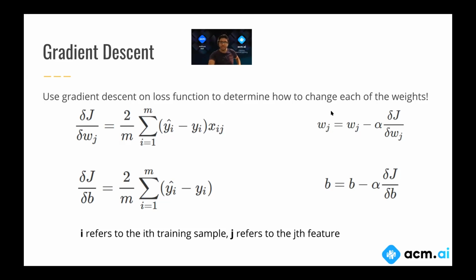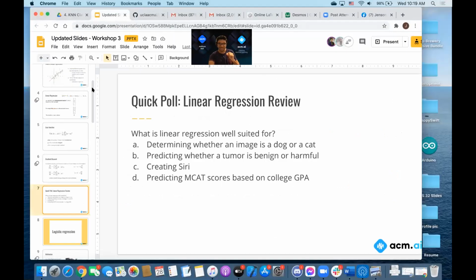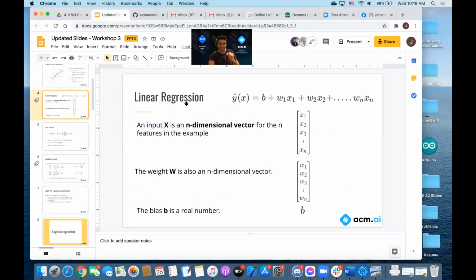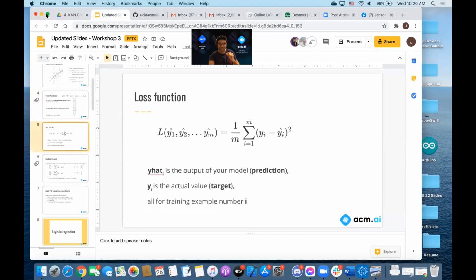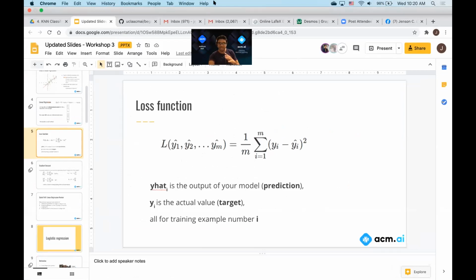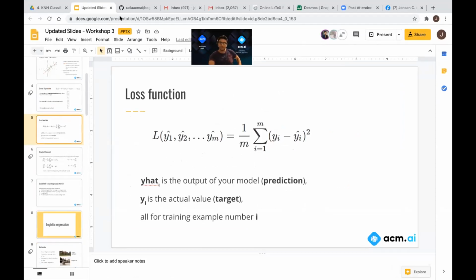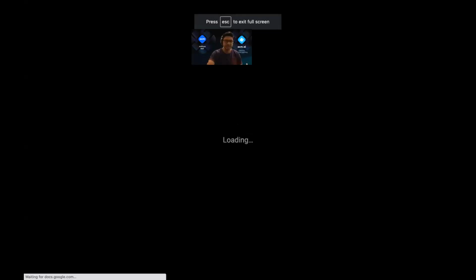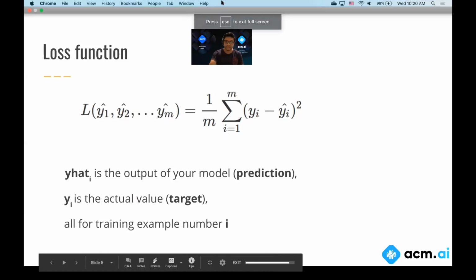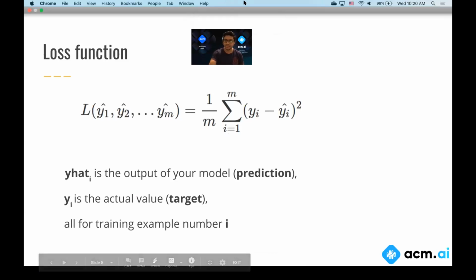So we only have one loss function, which is the function we saw on the slide above. Jenson, can you move to the slide above? Okay, so this is the only loss function we actually use. And from this loss function, we get a whole bunch of partial derivatives that we use to actually train our model.